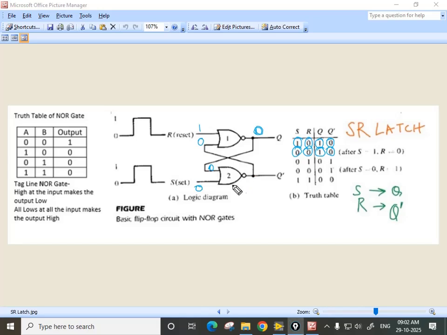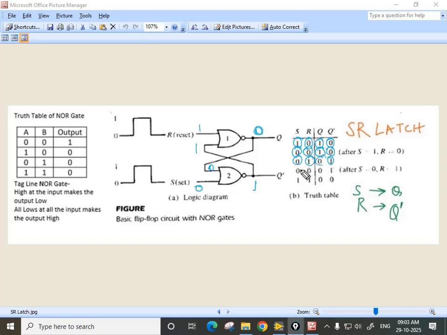So Q dash becomes high now. It is fed back over here, and because of this, this feedback becomes 1, and 1, 1, both the inputs high, makes the output low. Fed back over here. So Q becomes 0 and Q dash becomes 1.